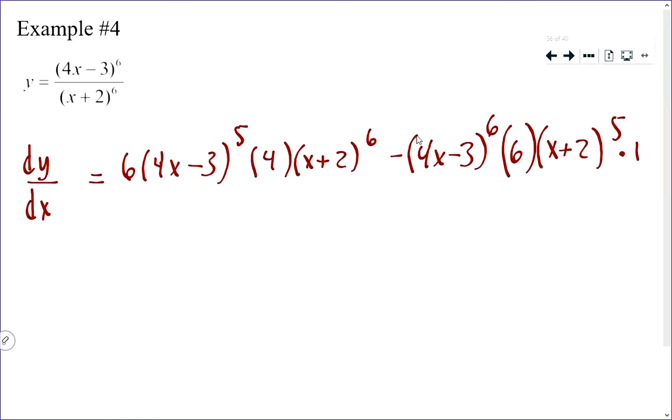You do multiply by 1. And then we divide by x plus 2 to the 12 because we have to square the denominator. Everybody double check all of our work. But I think we're okay.